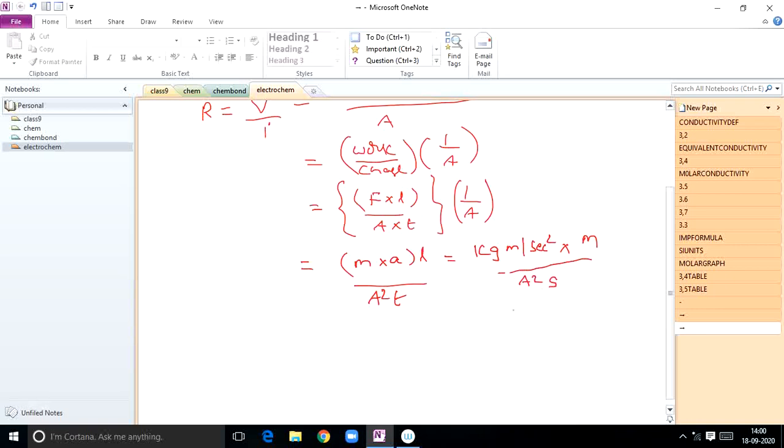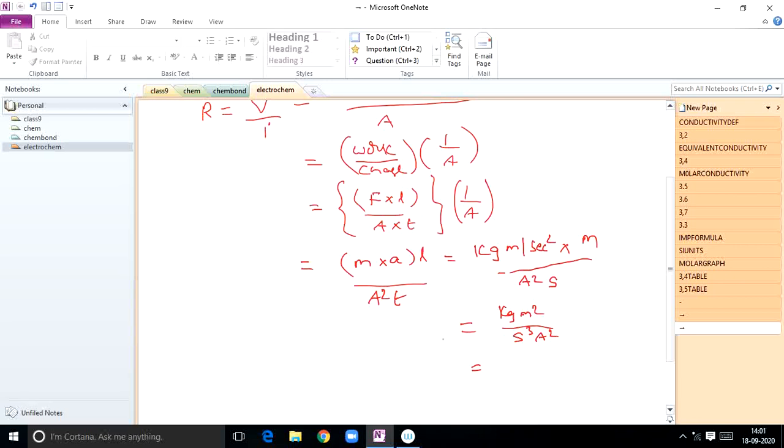Yes, for time we can take it as seconds. S represents seconds. So finally you will get kg meter square by second cube A square, that is kg meter square by S cube A square.